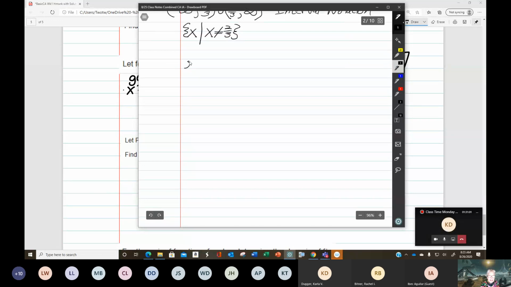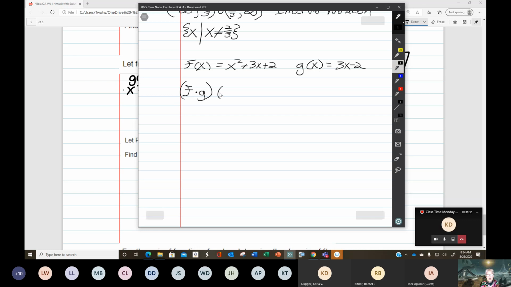If we take, again, f of x equals x squared plus 3x plus 2, and g of x equals 3x minus 2, and I want to take f times g of -2.